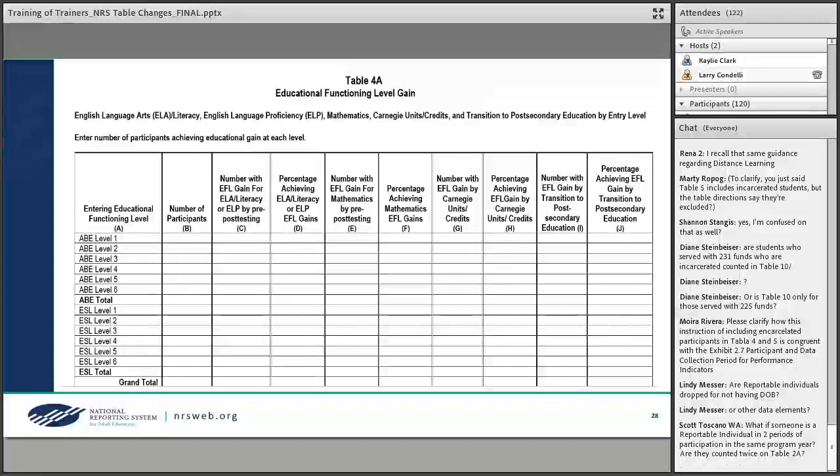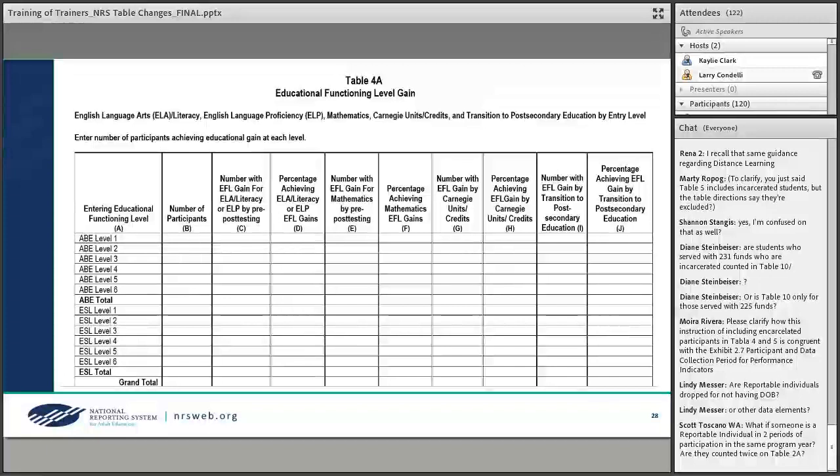4A is a new table that has 3 key features to it. We want to break out all the MSGs. So in Table 4, where you only can count 1 MSG per participant, in this table you can count all the MSGs the participant gets. As a result, the second feature is that it's a duplicate count. So one person, a single individual, could appear in multiple columns.